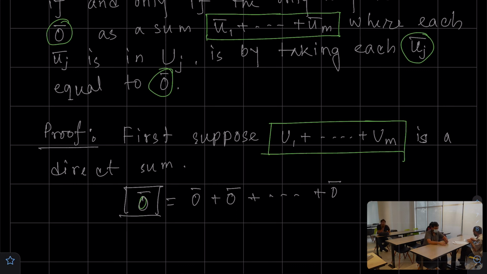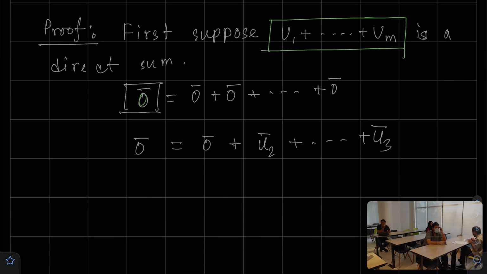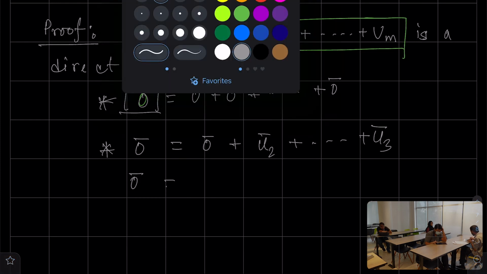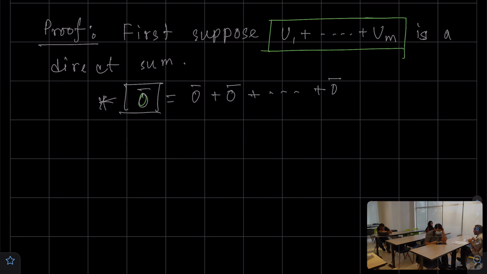So if you take the zero vector and you write something like 0 plus u2 plus dot dot plus u3, then it violates the definition, because then 0 can be expressed in this way and in that way, but that is not the definition of the direct sum, right? So if we consider the definition, then it is immediate that this is a direct sum.